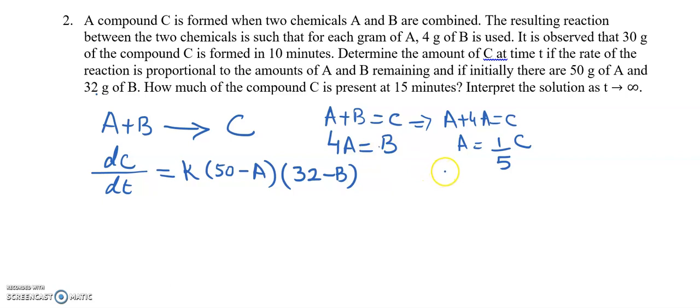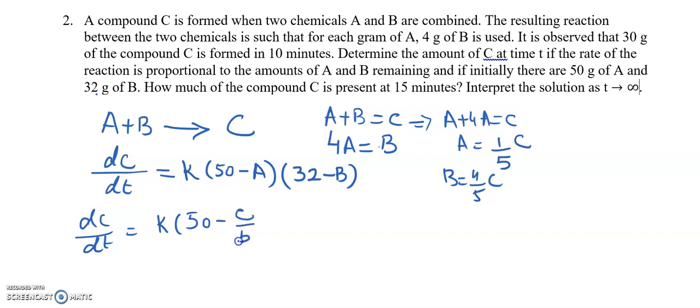And therefore B will be equal to 4 by 5 of C. So dC over dt is equal to k into 50 minus 1 by 5 C, and then into 32 minus 4 by 5 C. The remaining in the next clip.